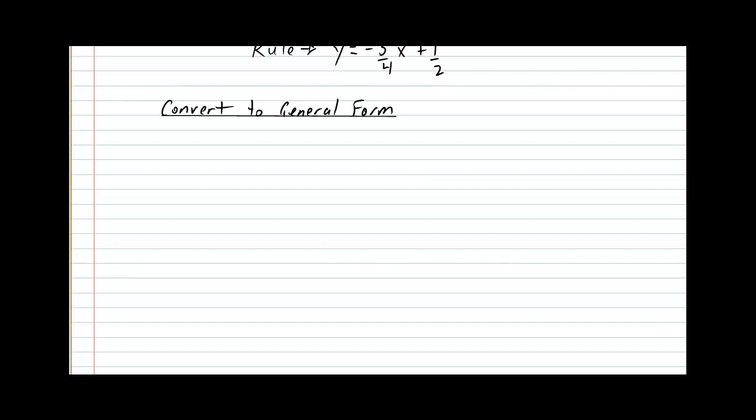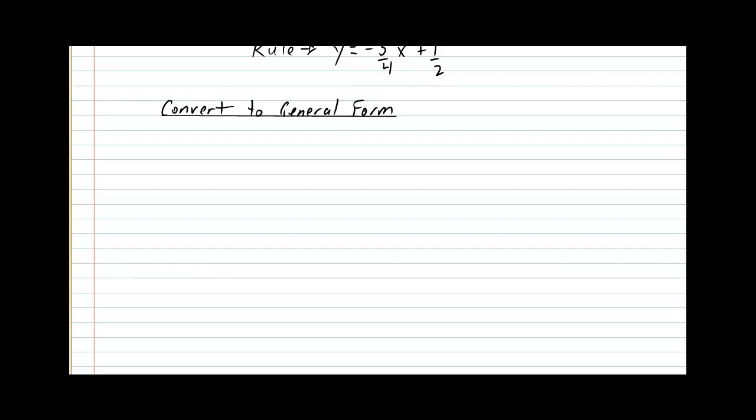The conversion is easy if you remember what the format of general form is supposed to be, which is everything is shoved over to one side of the equal sign, and the empty side becomes 0. So first, let's begin by shoving everything over to one side of the equal sign.